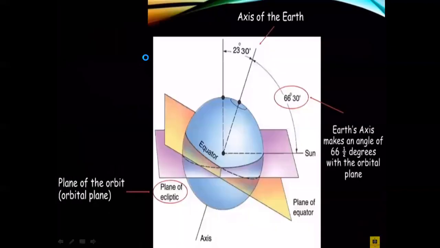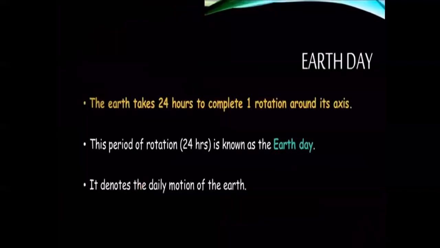This period of rotation, 24 hours, is known as Earth day. Completing one rotation of the Earth is known as Earth day, and it denotes the daily motion of the Earth.